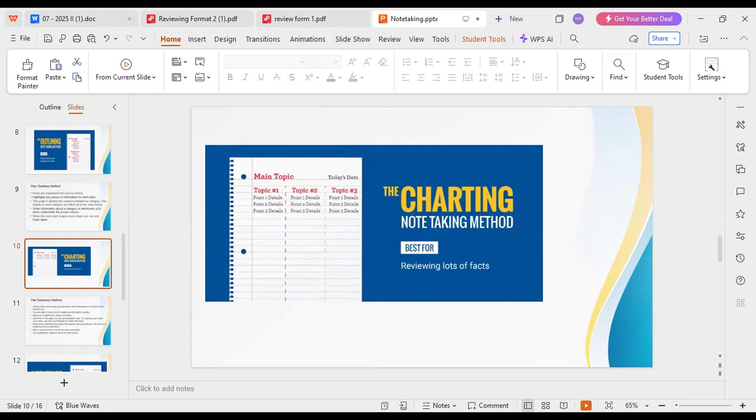And also, if there's material that doesn't naturally fit in comparative categories, again, it can be somewhat difficult. So if you are using this charting method, it is very convenient if you have a lot of facts to review, right? A lot of details, but again, that can be organized like this.